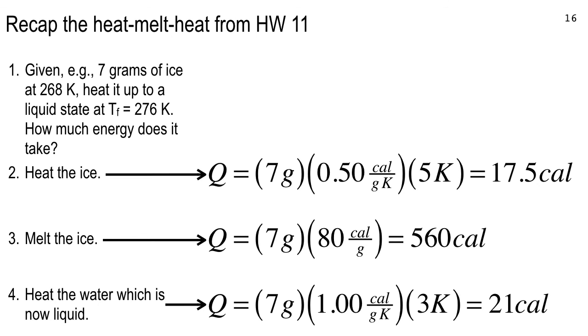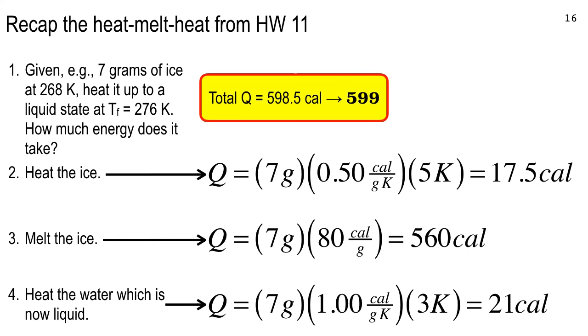And then your delta T. And that gives you 21. So your final answer here is 598.5. And what you want to do in web courses, I've kind of come to the conclusion that it rounds 0.5 up to the nearest whole number. So you type in 599 for the answer on this example.